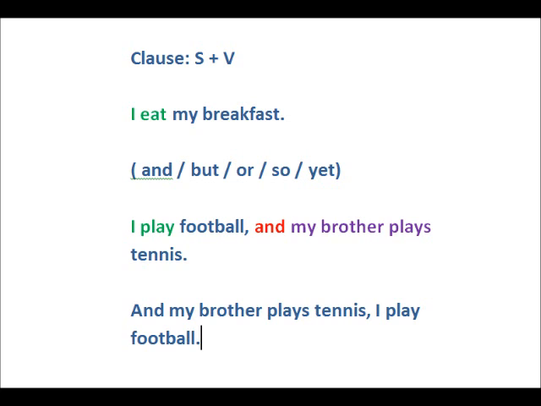Because we cannot use the coordinate connectors at the very beginning of the sentence. They have to come in the middle. So the position of and is completely wrong. So the correct sentence is I play football, and my brother plays tennis. I can say my brother plays tennis, and I play football. This is it. Now let's move to another part.